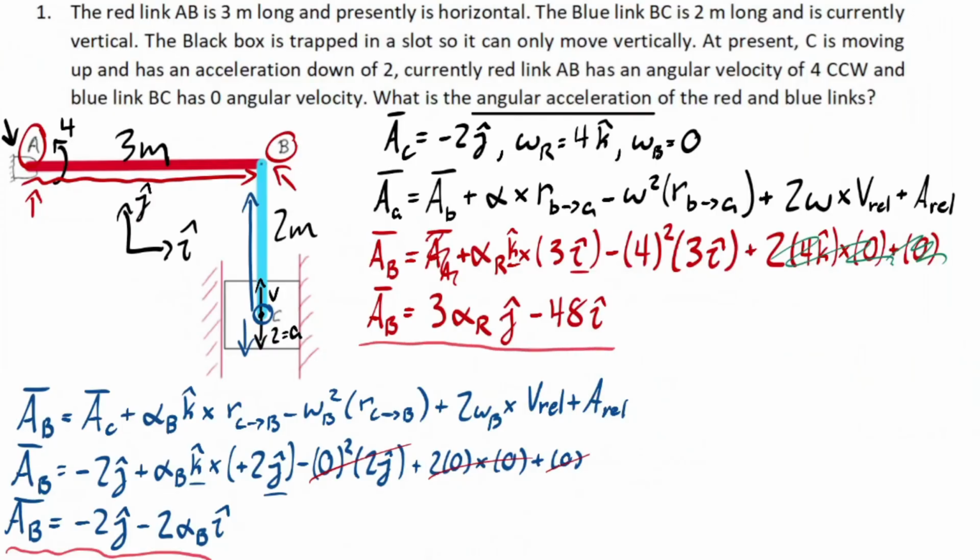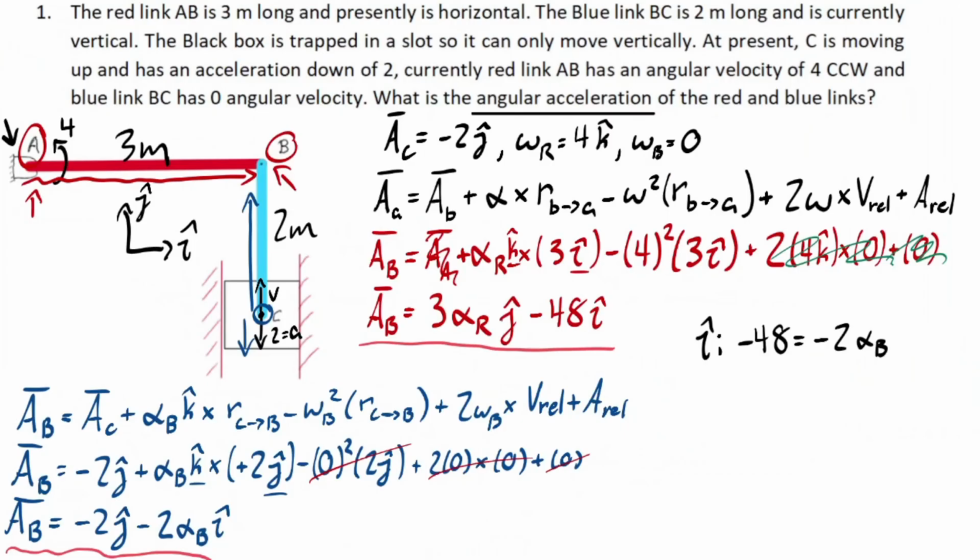Since they have i and j components, they're vectors, so I can equate these two things to each other. In my i component, let's write the red equation on the left side. My red equation in the i has negative 48, equals my blue equation's i values, which are negative 2 alpha B. So negative 48 equals negative 2 alpha B. Cool.